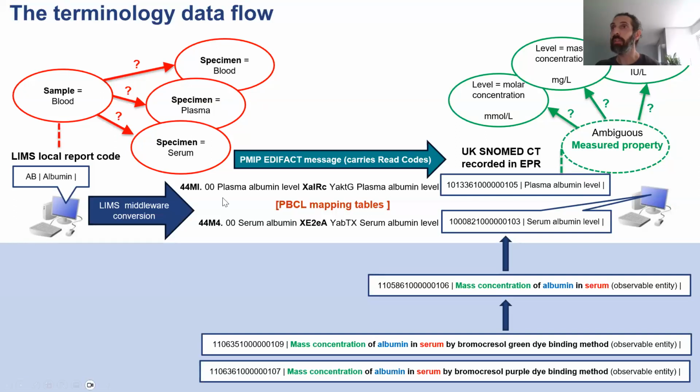The Read code is carried in the EDIFACT message. And we have the PBCL mapping tables, which give us the pathway from Read version 2 on the left, to Read version 3 on the right. So we've got code IDs and description IDs respectively, and then the forward map all the way across into the SNOMED CT observable entity hierarchy.